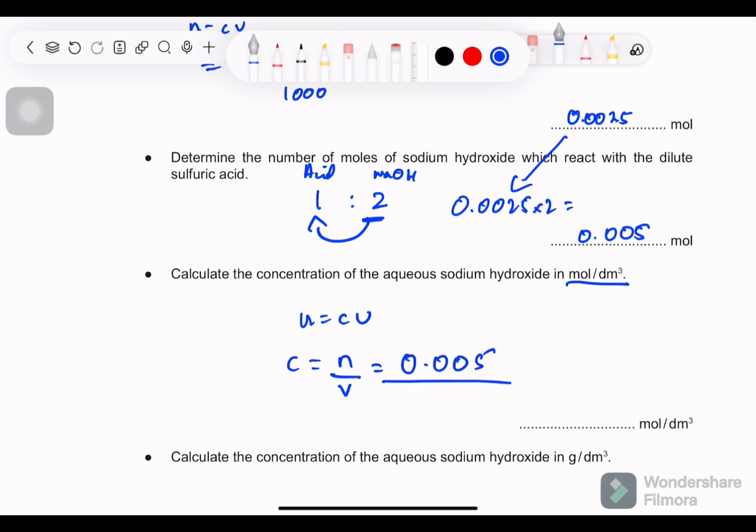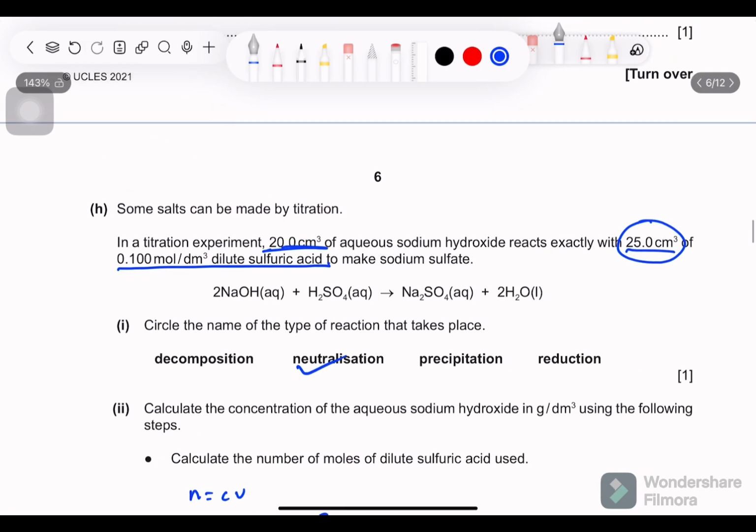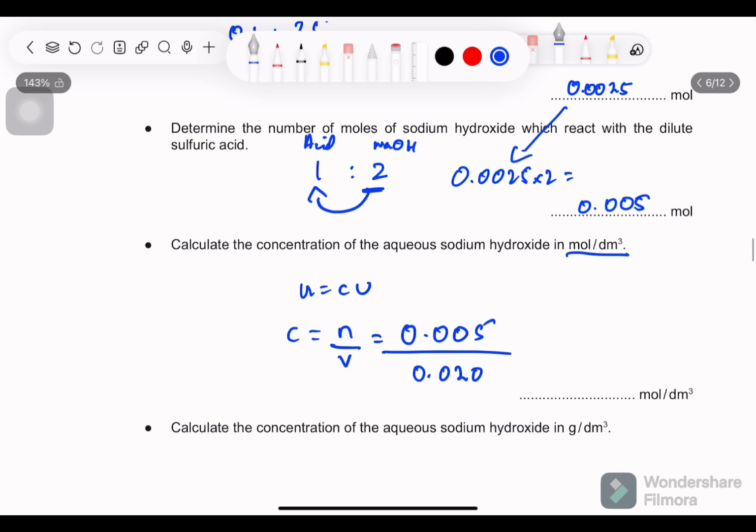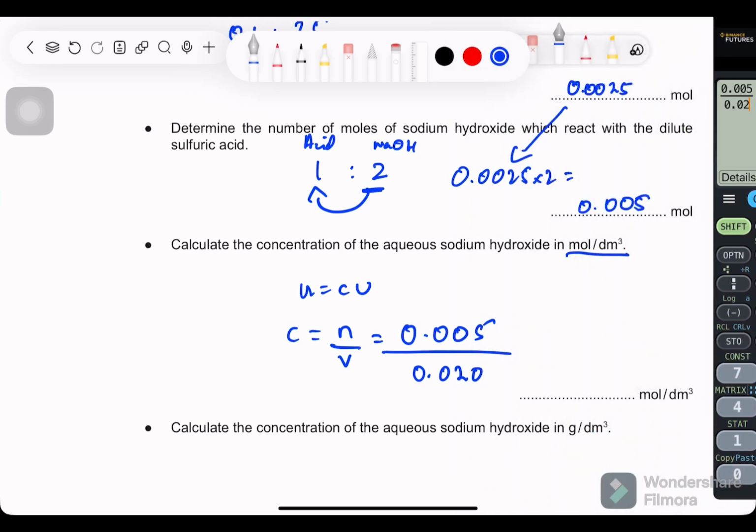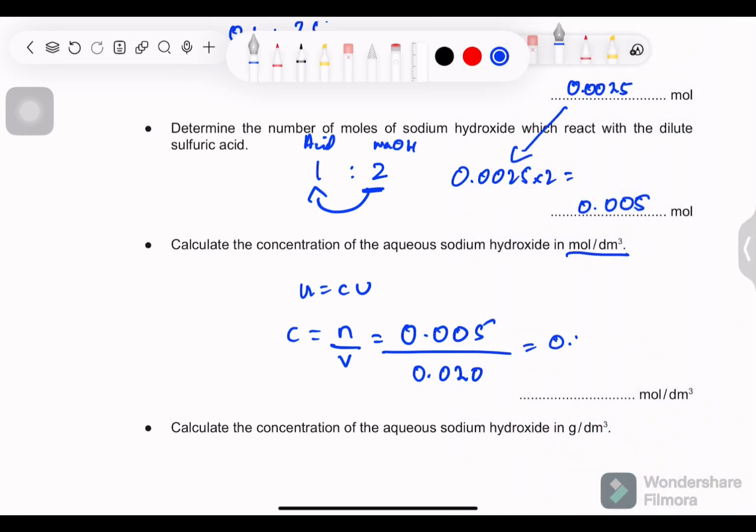Volume is 20 cm cube, so in dm cube 0.020. The answer will be 0.005 over 0.02, which is 0.25.